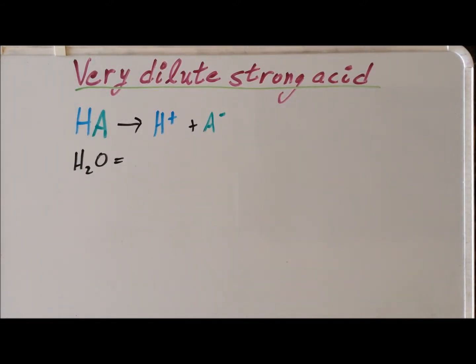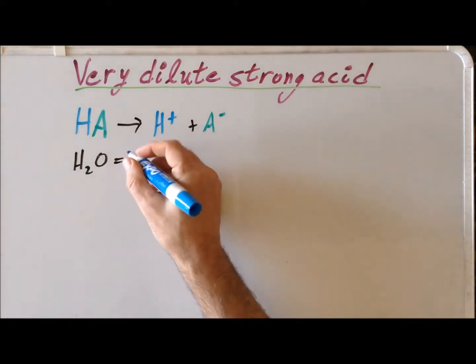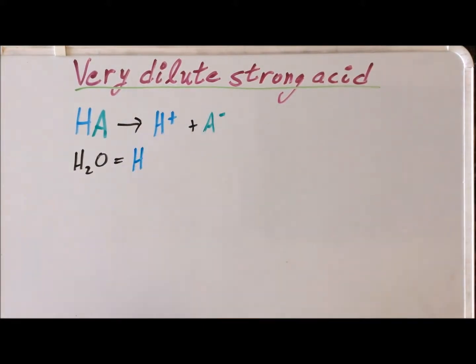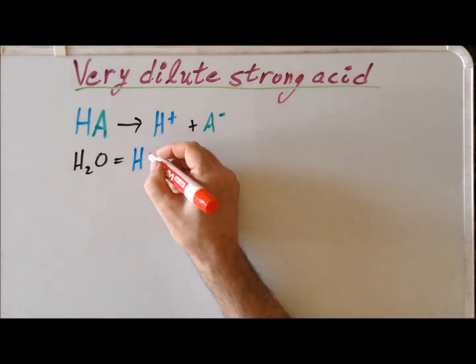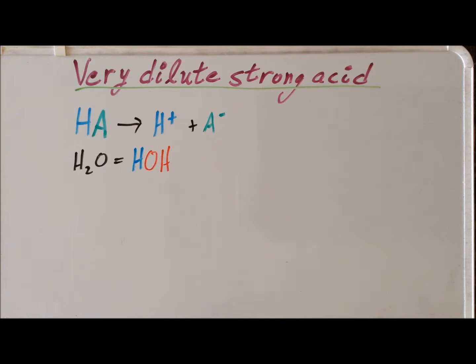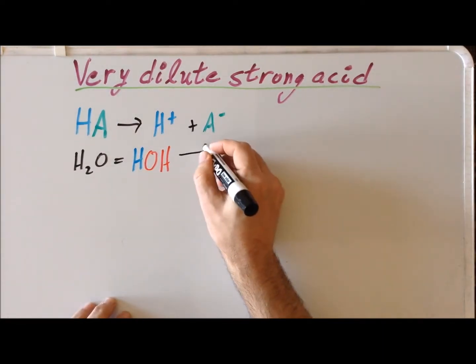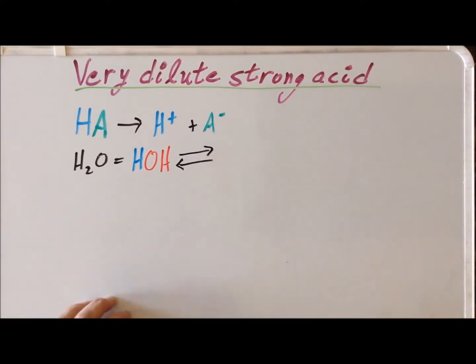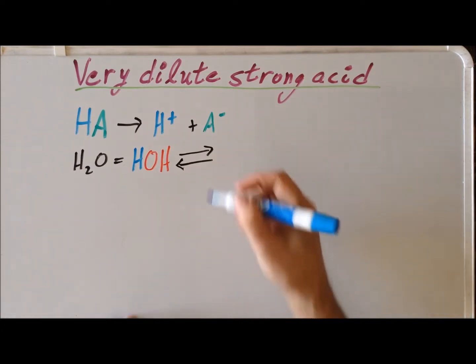Now, if the strong acid is very dilute, then we have another important equilibrium going on. That involves the solvent, water itself, which we'll just write as HOH here to highlight the dissociation. We recall that water will auto-ionize.